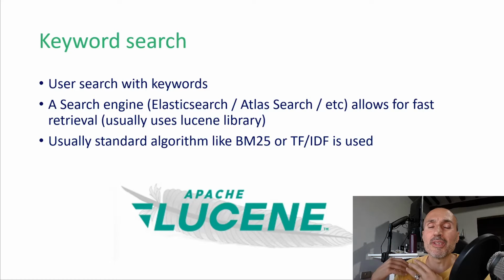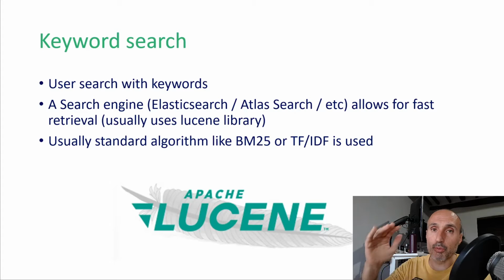I'm not going into the detail of how these algorithms work, but basically the purpose is to take a piece of text and index it into what is called an inverted index for super fast retrieval, where the search engine, the Lucene library, gives you the pieces of text that contain the keywords you are searching, in an order where the first document the library returns is the most pertinent to your keyword search.